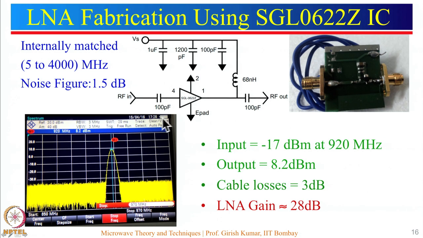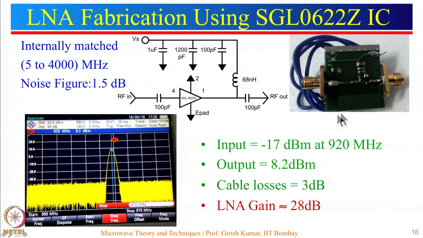So, there will be a lot of attenuation because of these capacitors. If you want an amplifier at lower frequencies, then you must use a higher value of capacitance. Here we have kept these values because we wanted to design this amplifier in the GSM band.